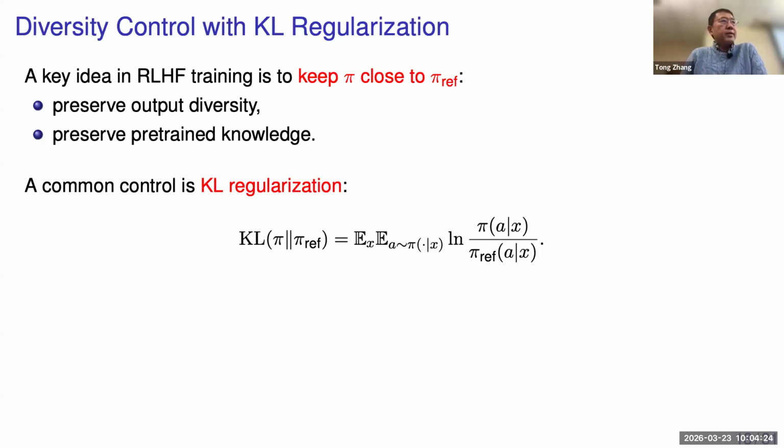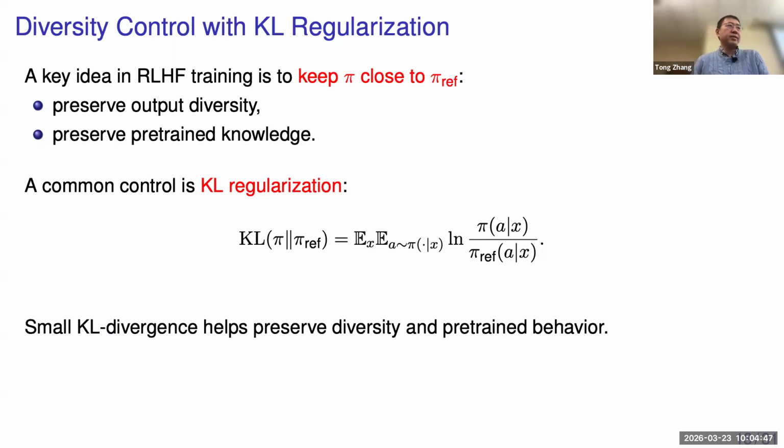It turns out this is the objective. One nice thing about why people use KL, there are multiple reasons, but if you look at this, you have pi log pi. Entropy is the negative of this. So when this is small, pi log pi is small, which means negative log pi will be larger. So you also directly encourage diversity.